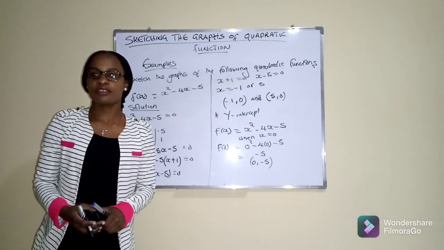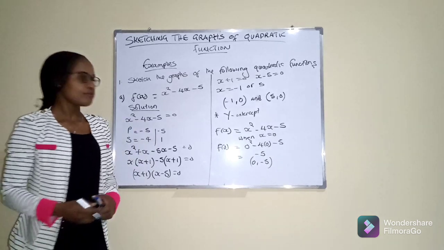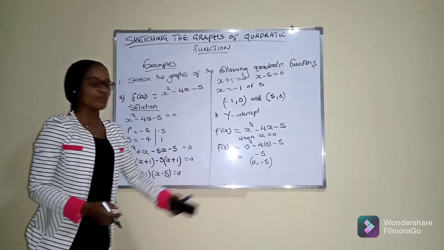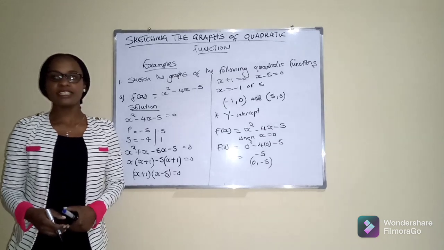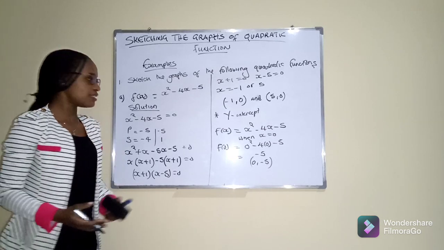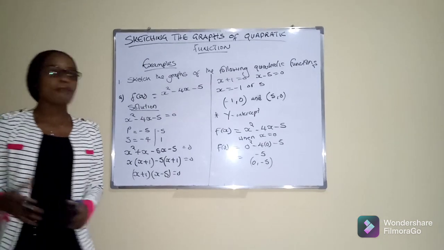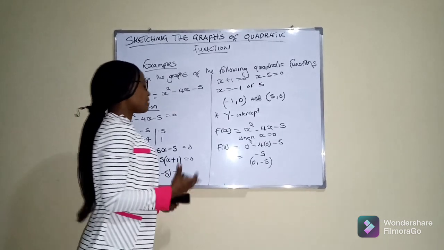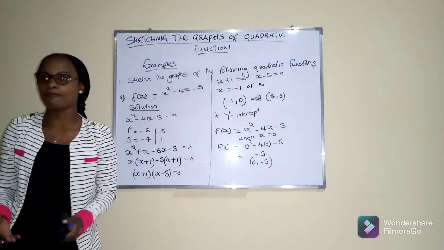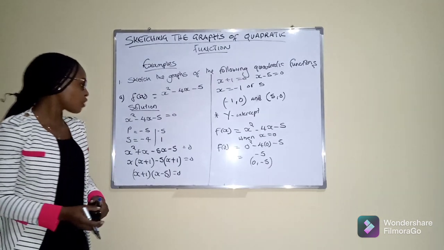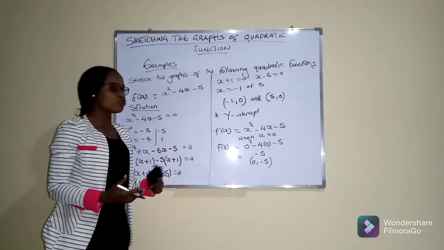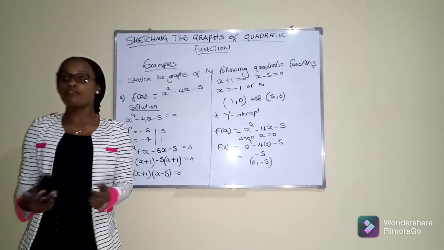That is what we are going to have. Having done this, we're now going back to the turning point, the minimum and the maximum values of the quadratic function. So we're now going to find the value of x.